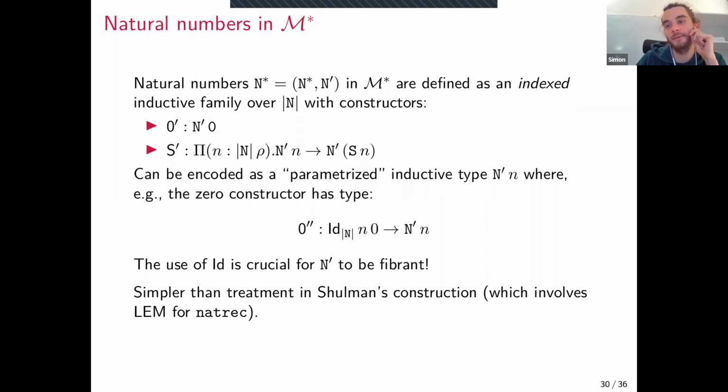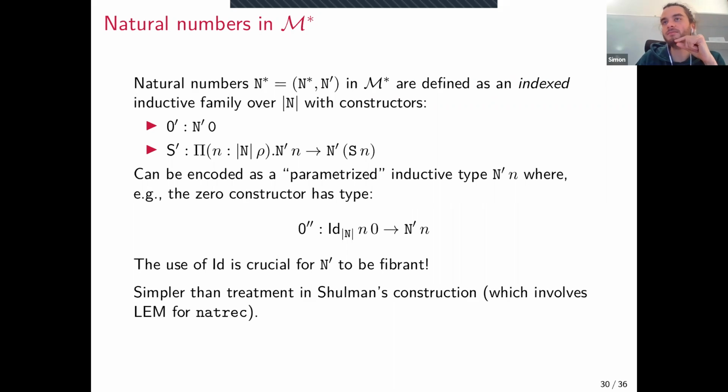And now this has to be fibrant. How can we justify that it's fibrant? Here is where we use identity types. We can also define such a type n prime using parametrized inductive types.